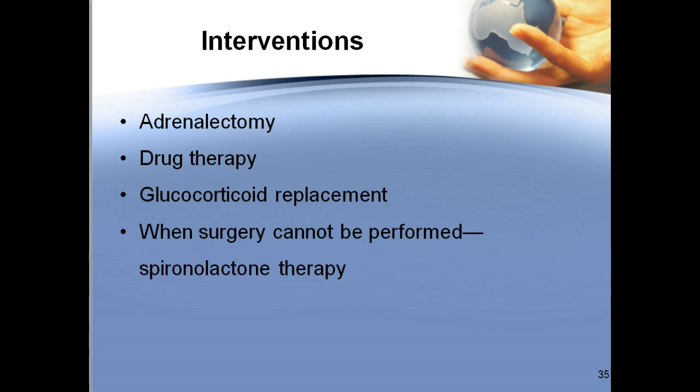For drug therapy, usually what they use is Aldactone or spironolactone, in other words, a potassium sparing diuretic. Potassium supplements may be prescribed to increase potassium levels before surgery. It kind of depends.